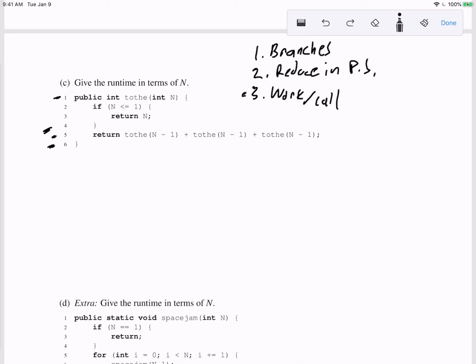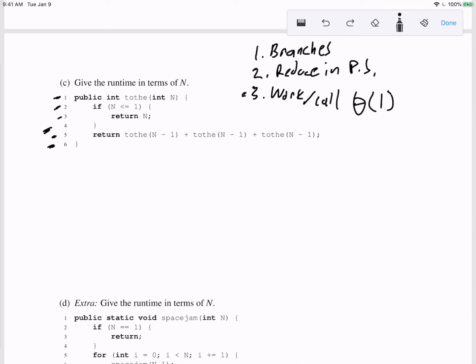Line 2 is a constant time Boolean check, and line 3 is also constant time, just returning something. So no runtime is dependent on n per call. There's no for loop, and no other function we call. So the work per call is just theta of 1. It's just 1 unit of time. Okay, that one is easy.